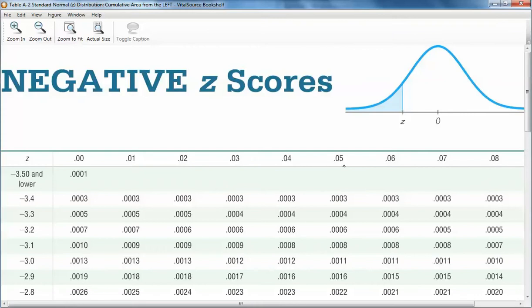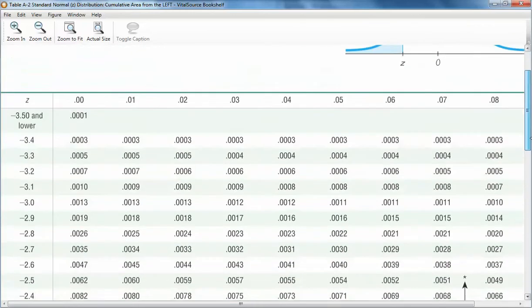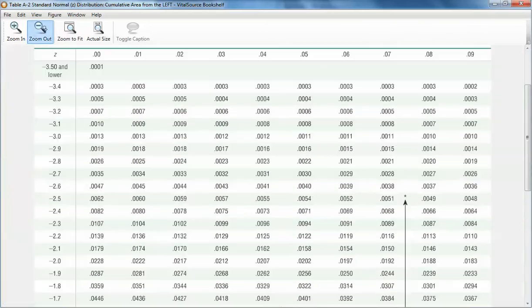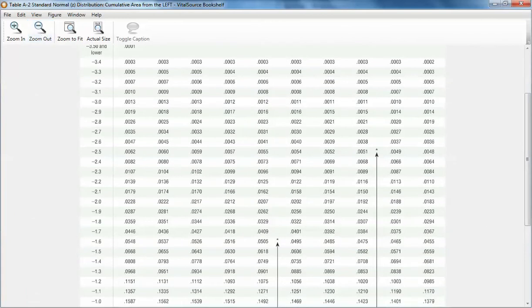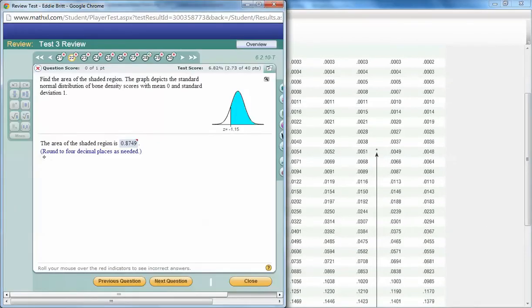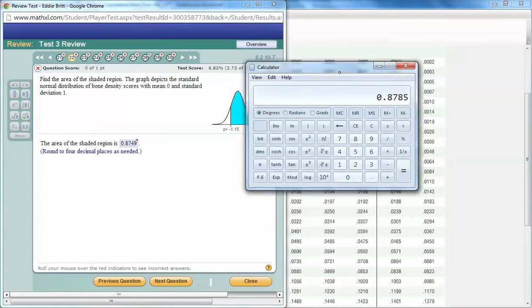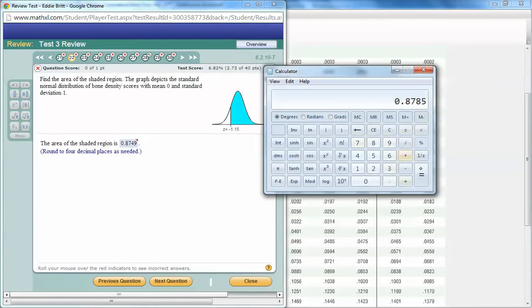Oh, I blew it up, so that's really big. I'm going to zoom that back out just a little. Alright, that should be the answer. So you subtract that from 1, so what I'm going to do is make it negative 1 and add 1. Alright, so that is the answer.